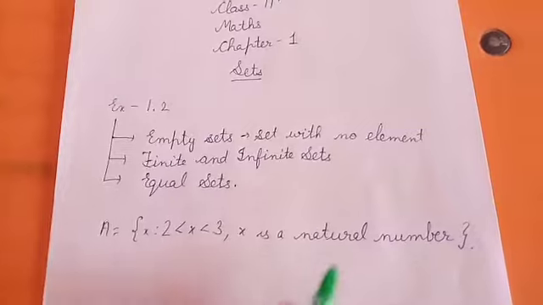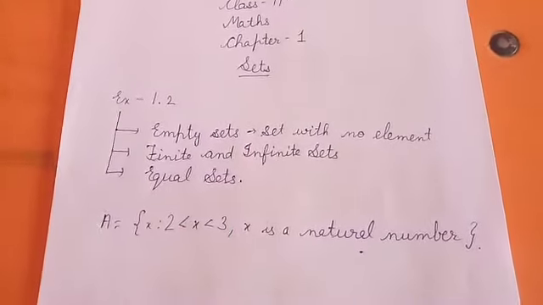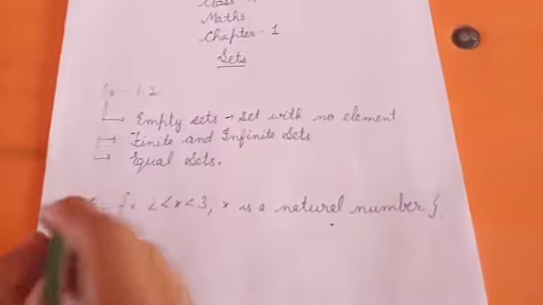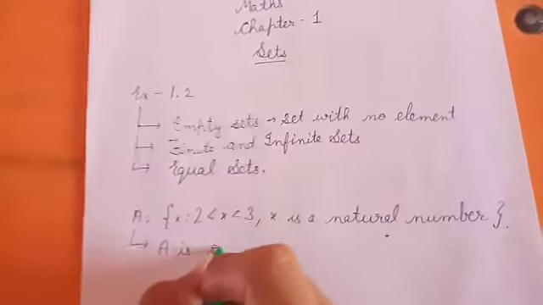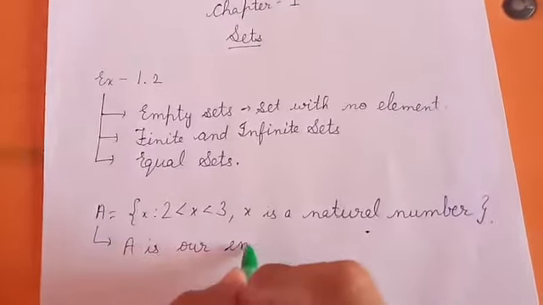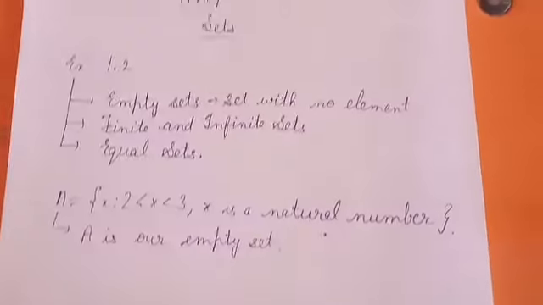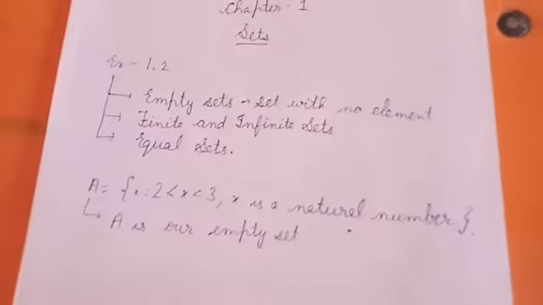Now x is a natural number and x lies between 2 and 3. Is it possible? No, it is not possible. So we will say A is our empty set.